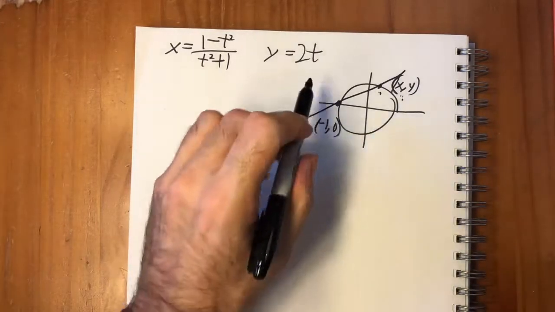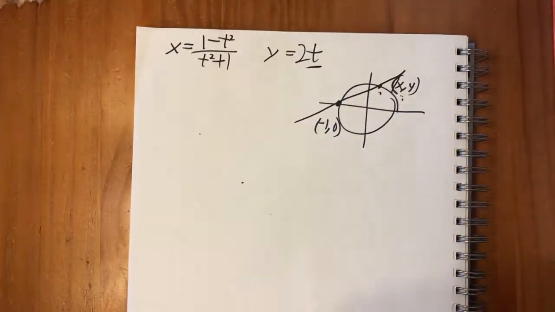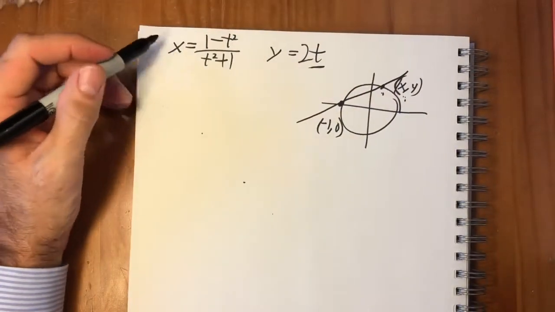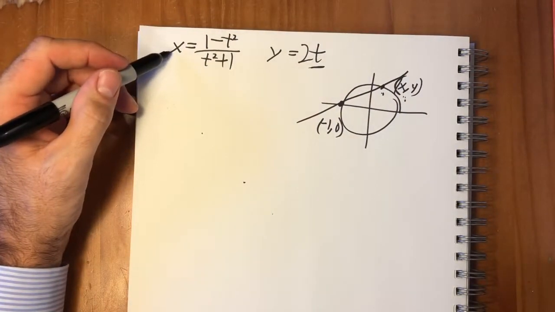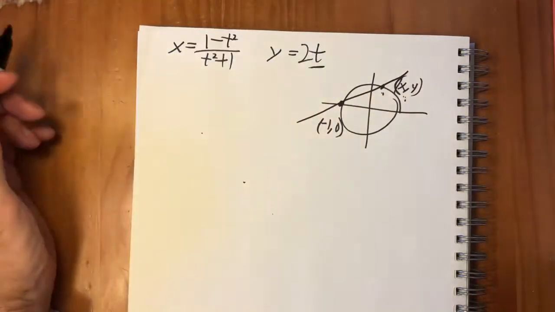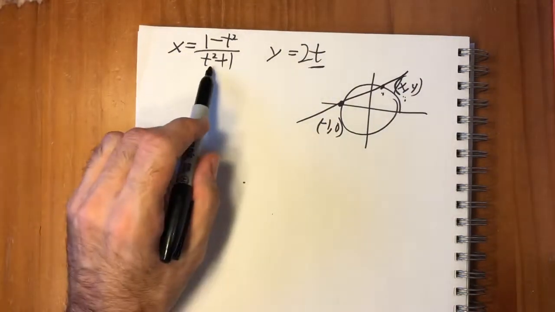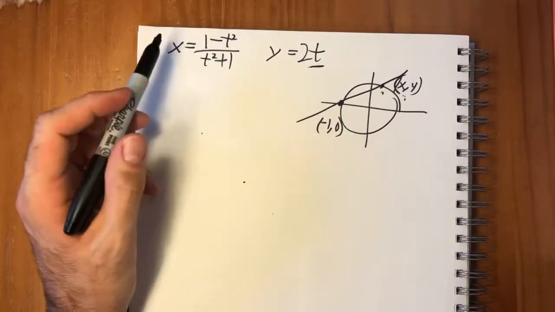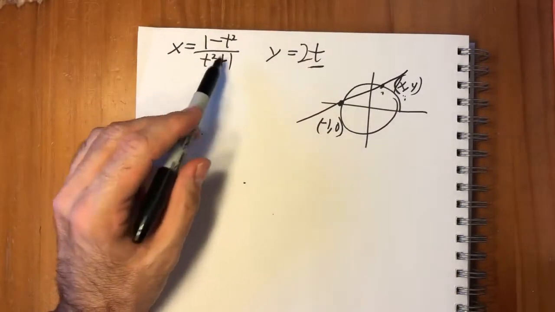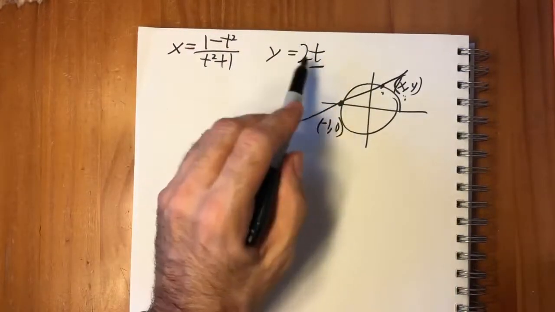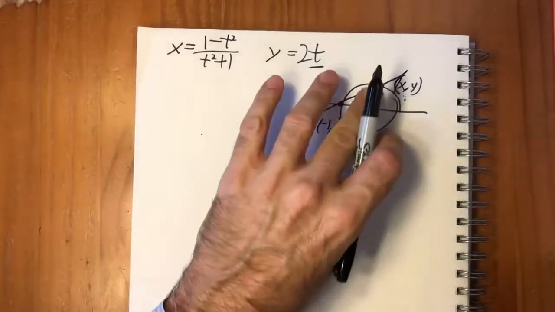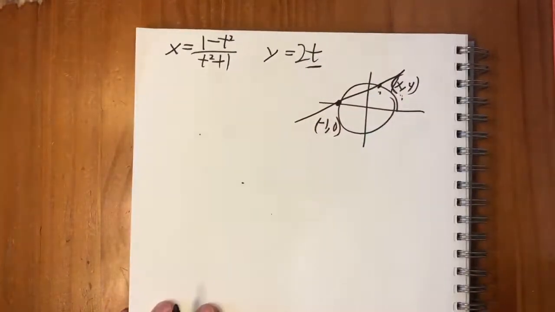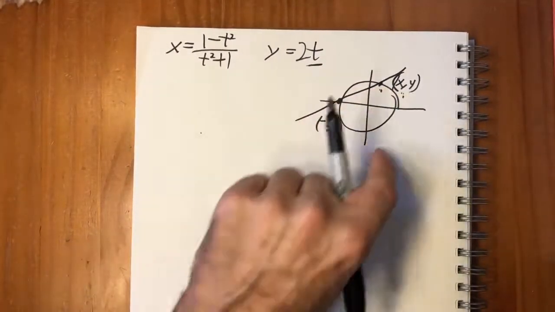So for any rational t, we can now come up with a rational x and a rational y. And you can see that no matter what t is, we're just squaring it. The x is going to remain rational, y is going to remain rational. So anything we plug in, we now will get an x and y on this circle.